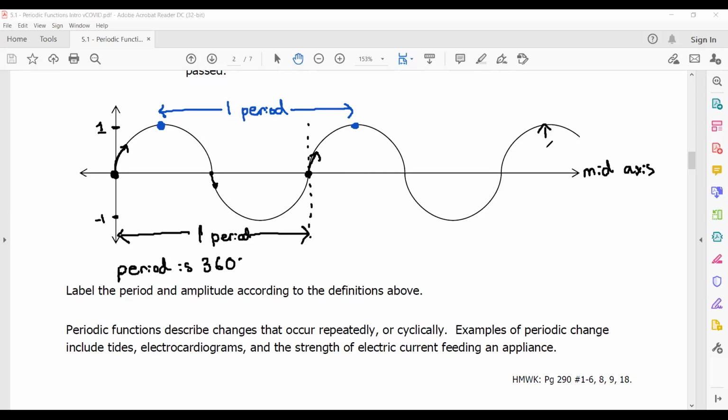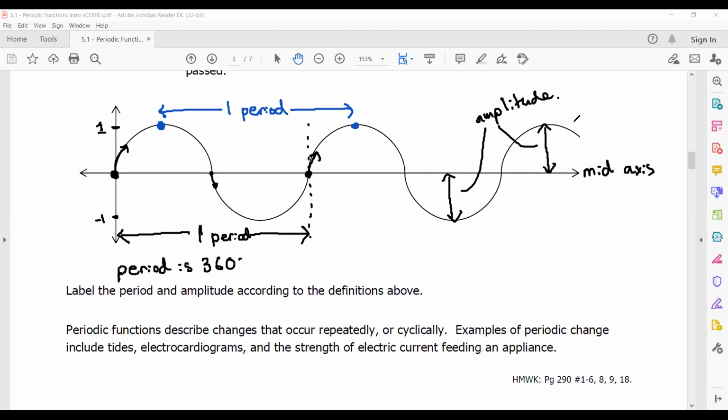The amplitude would be the vertical distance away from that mid-axis. So here and here, these are called amplitude. Okay. By default, we never say the amplitude is negative. We just say that amplitude is just the positive number.